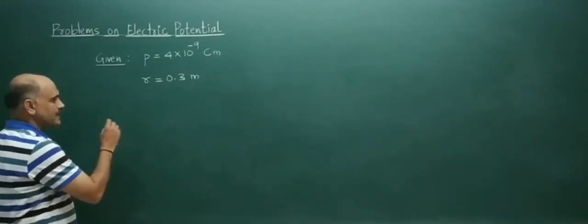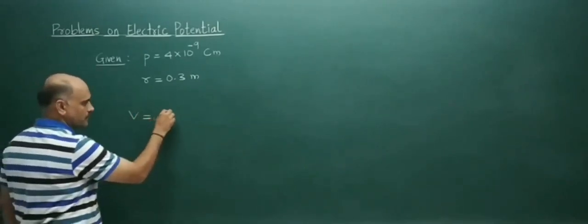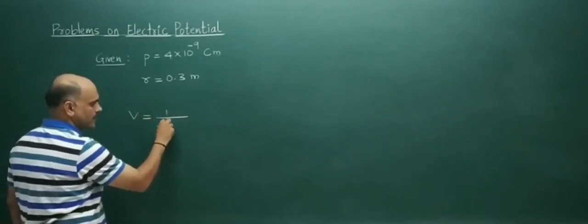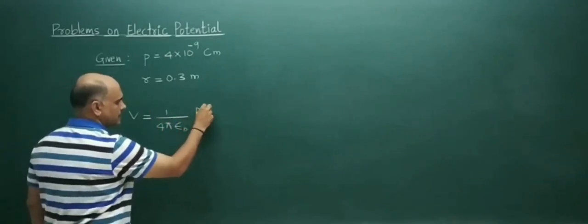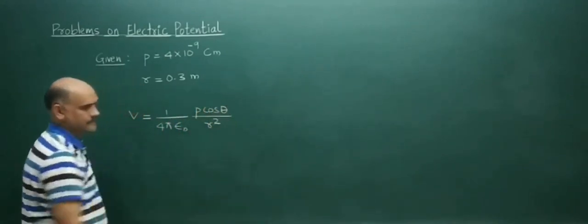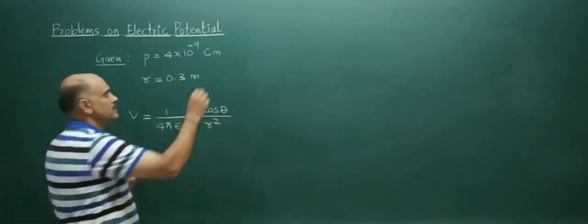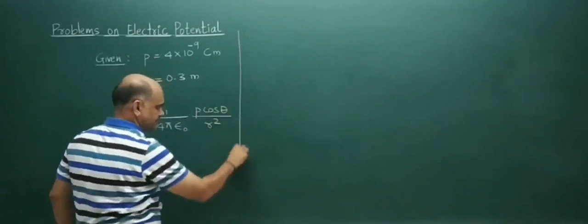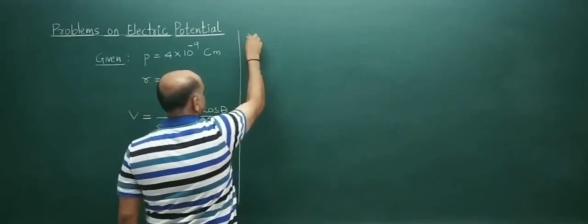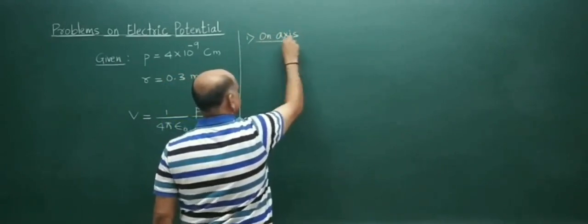So first, if I write the formula for potential, V is equal to 1 by 4 pi epsilon naught P cos theta divided by R square. So first case, potential on the axis or axial line.